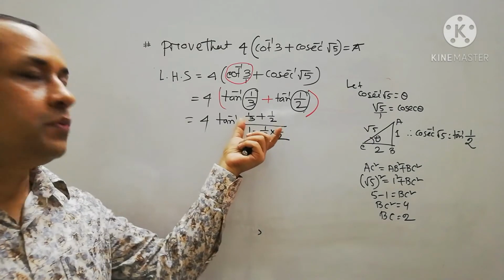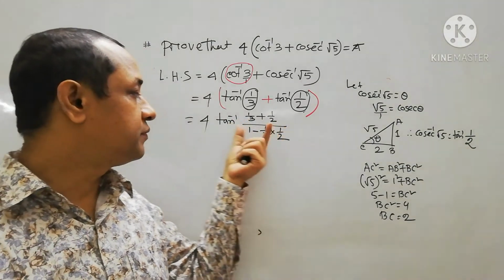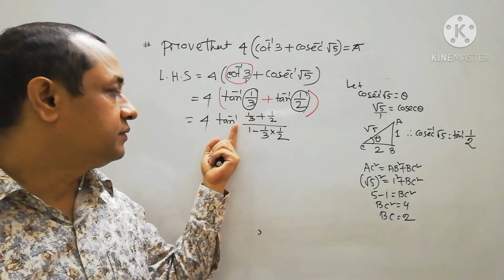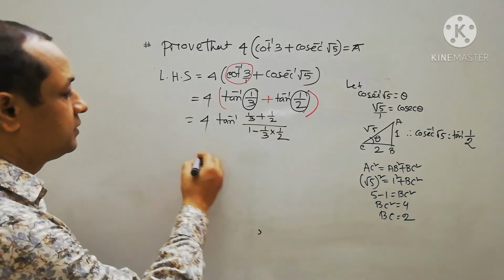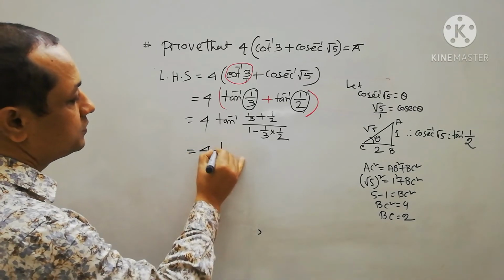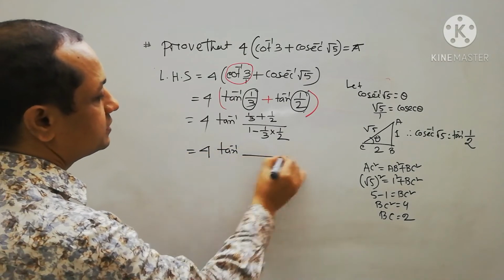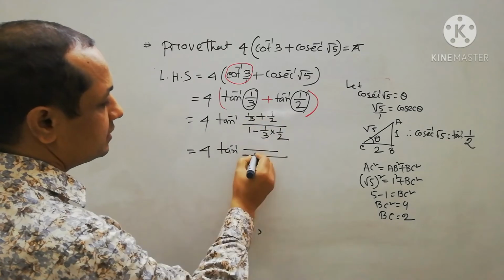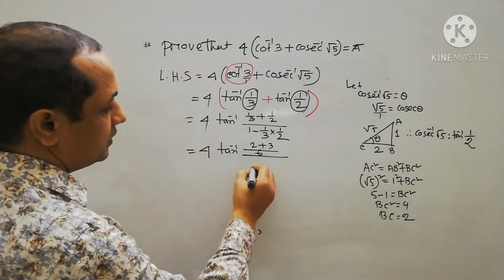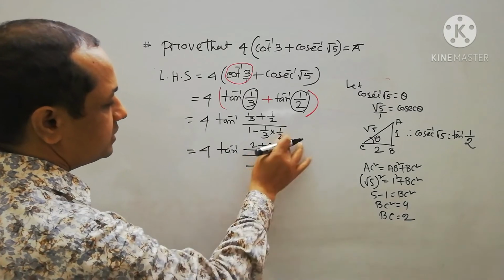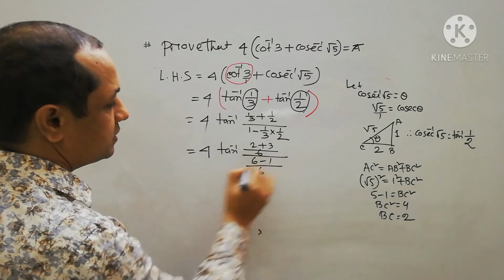Student, here is the important formula. So 4 into tan inverse, here LCM is 6, so 2 plus 3. Now the denominator LCM is 3 into 2 means 6, minus 1.